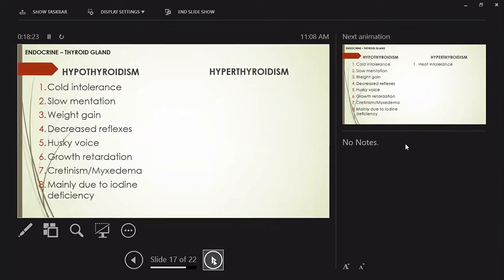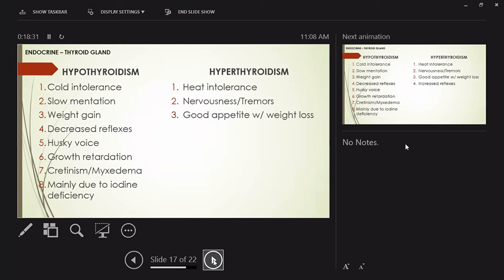In hyperthyroidism, there is heat intolerance, nervousness and tremors, good appetite, but doesn't gain weight. So you have to observe, why do you have good appetite but doesn't have weight gain?